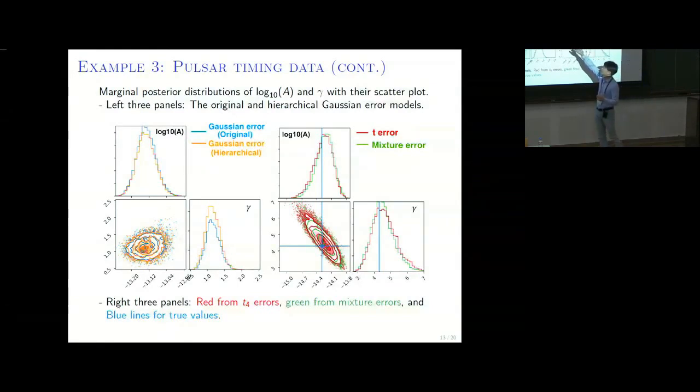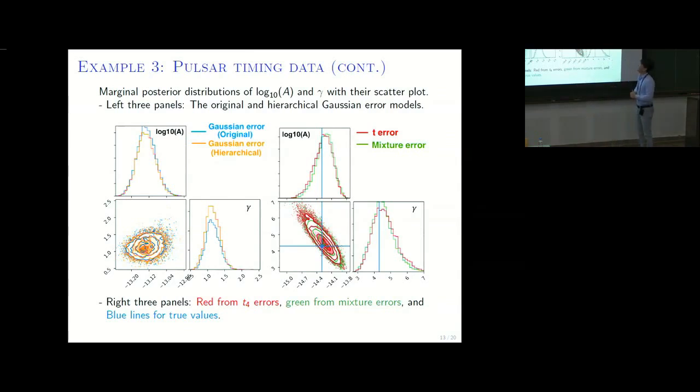And the orange curve shows the result from the Gaussian error model, but in this case we use the hierarchical model. They actually should be the same, but since the sample sizes are different and we didn't normalize, there is some difference in height. But actually, the results should be the same.